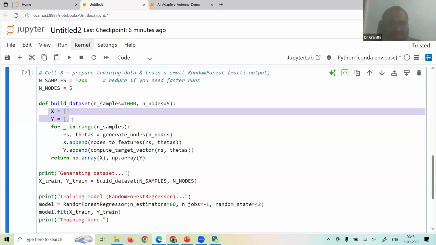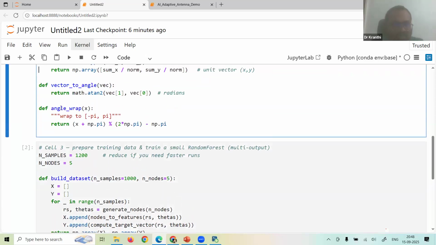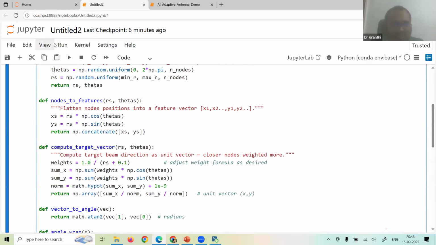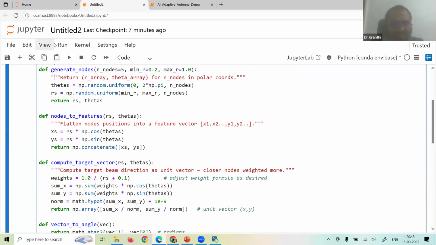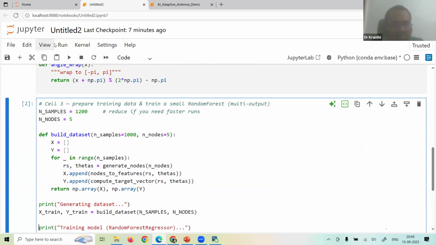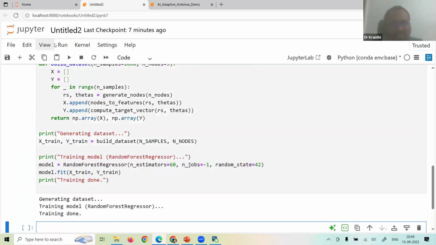In this context, the model learns the mapping from IoT node distribution to optimal antenna direction. The IoT node distribution we already completed before, in line one of the snippet of code. And in the second snippet, we talk about training.